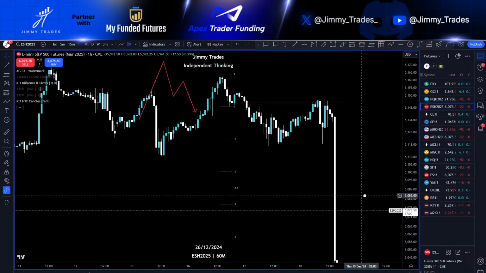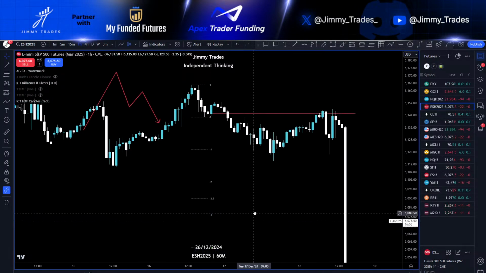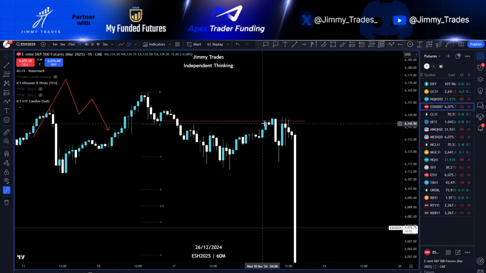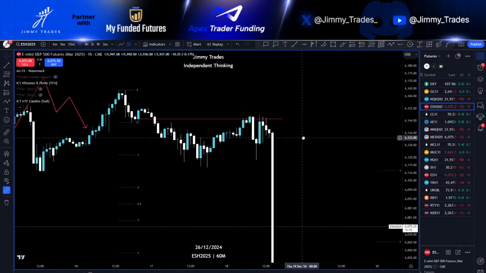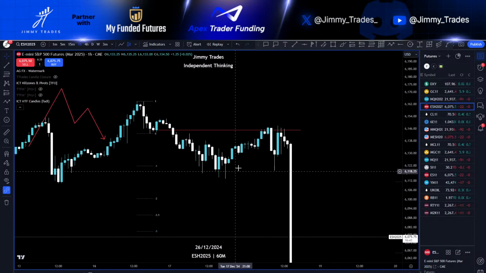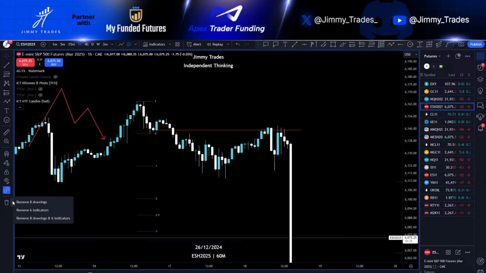Obviously price just dropped through there, but you can see how price respected that level. So even if I was bullish from a daily perspective, I'd be on the hourly looking at these levels to see how price might be reacting.